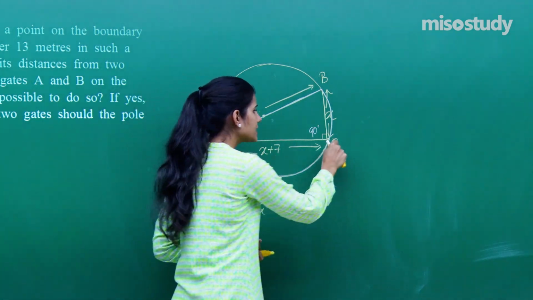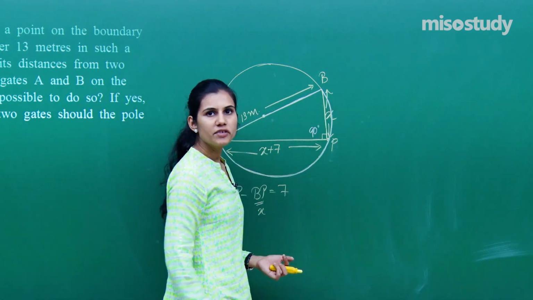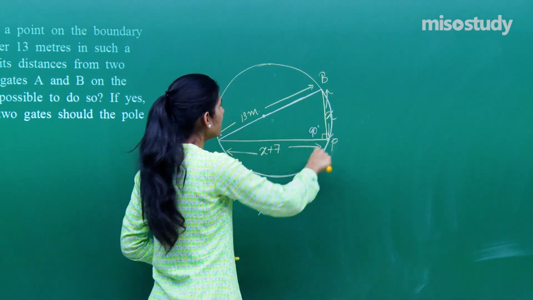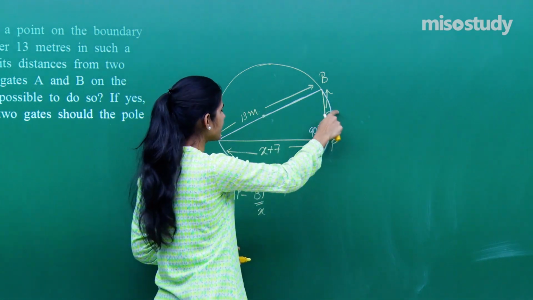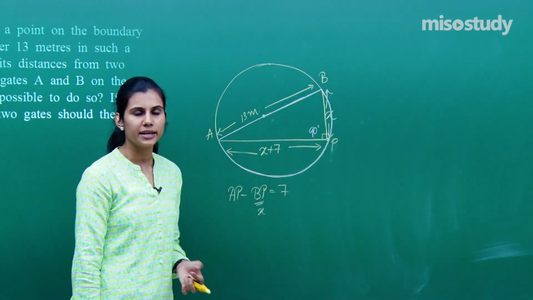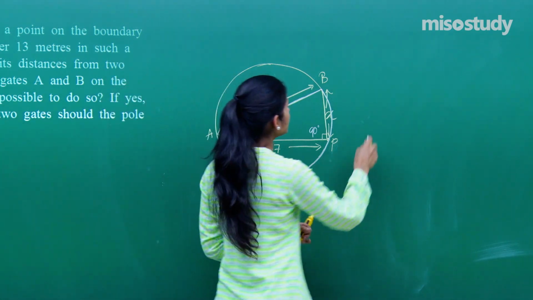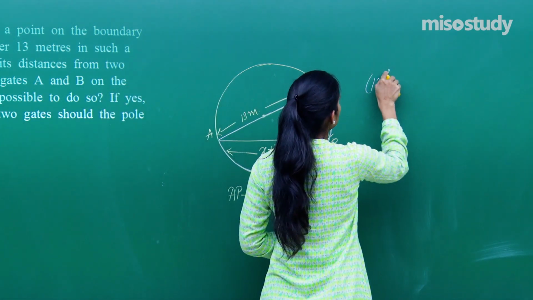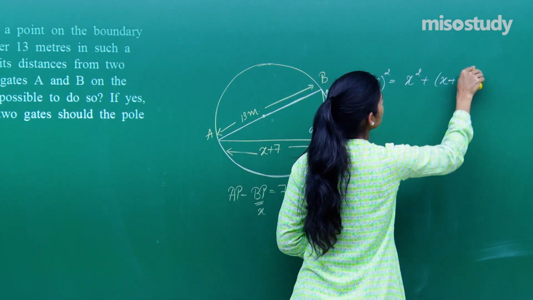So if such a pole can be kept on the boundary of a circle such that PA minus PB is 7, then I will have 13 square equals x square plus x plus 7 whole square, satisfied by at least one real value of x. Let's see if that's possible or not. 13 square is x square plus x plus 7 whole square.